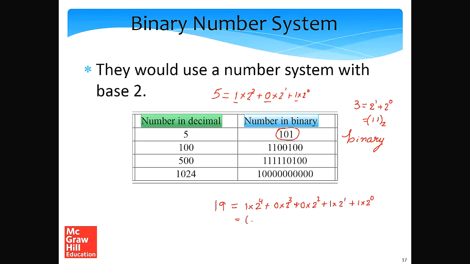So this would be equal to 10011 in base 2. So 10011 is the way that we would represent the number 19 in the base 2 system, or the binary system.